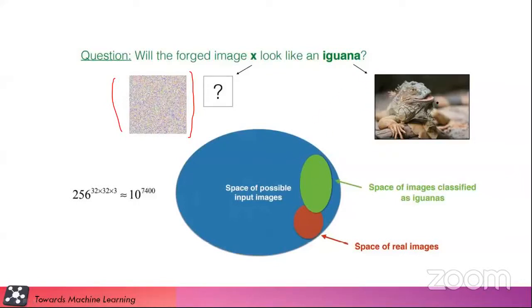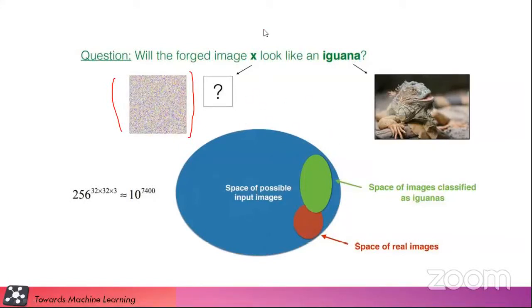Now this is an iguana image, and we are working with images of dimension 32 by 32 by 3. Suppose this is the space of all possible input images, and the red one is the space of your real images. Can you tell me, if you are using 32 by 32 color images, what is the number of possible images that can be generated?